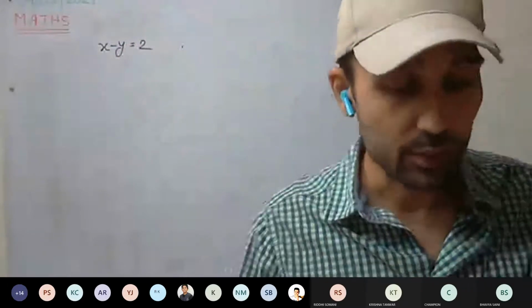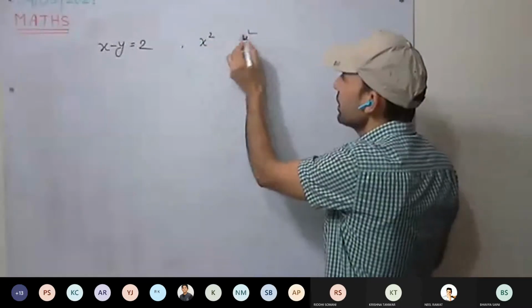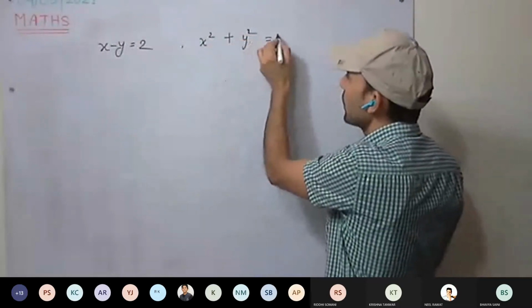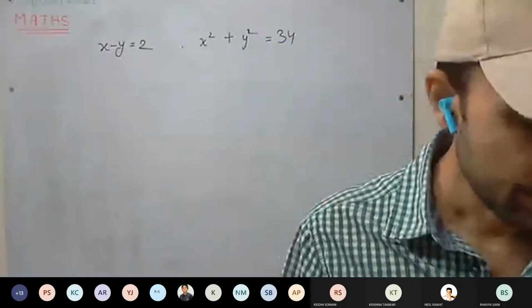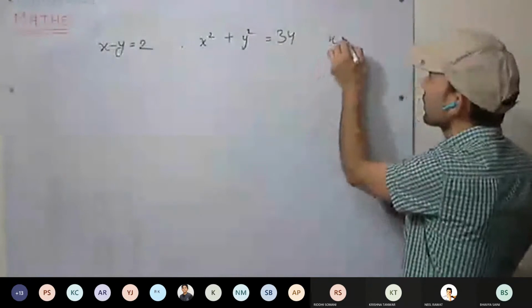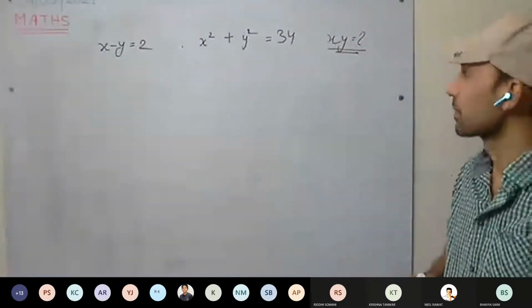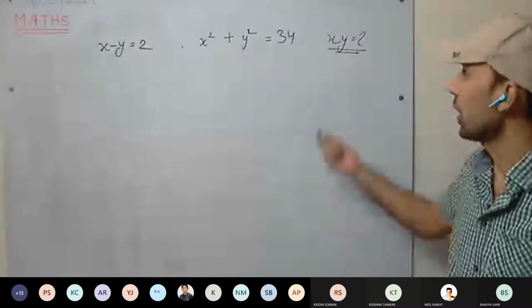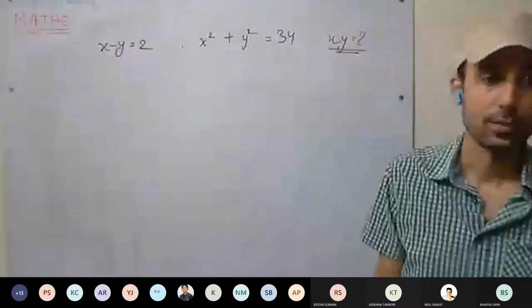If the sum of the squares, so we first do the squares and then their sum, is 34. And we have to find the product of x and y. Calculate it, everyone.